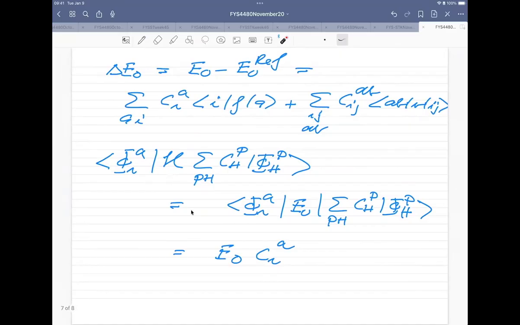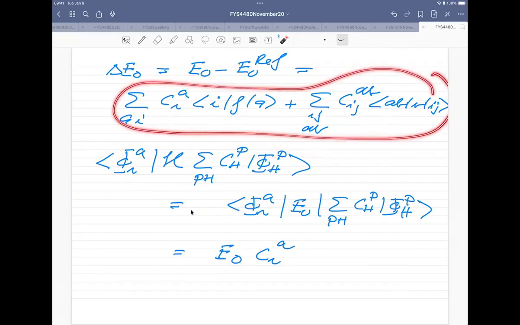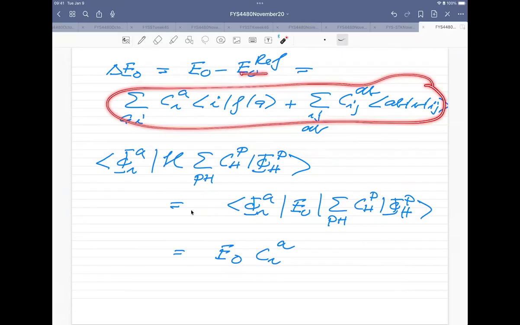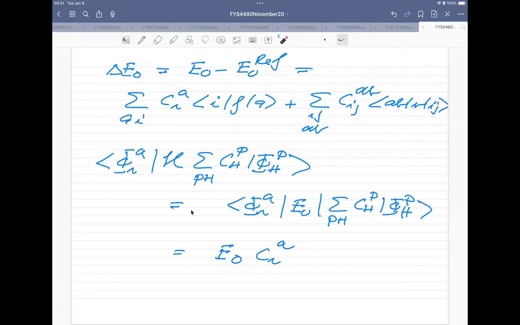So that means that when I now plug in E0 here, then there's going to be a term which looks like this, plus the reference energy, obviously, right? But if you look at this E0 term plus E0 ref, you see now that you have the coefficient CIA here, but it appears here also. So this is where you have the nonlinearity in the unknown coefficients.